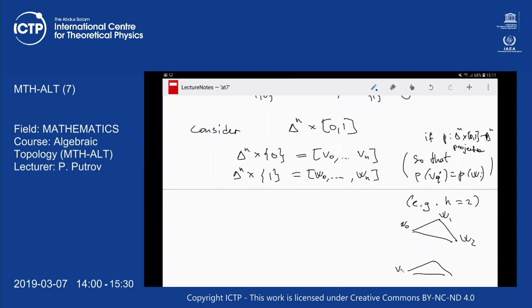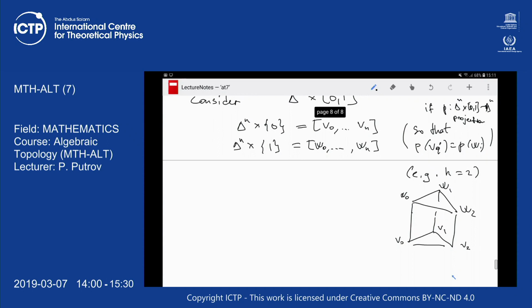Here we will have vertices V0, V1, V2, and we can see the product of the simplex times the unit interval. So this is delta 2 times the interval.